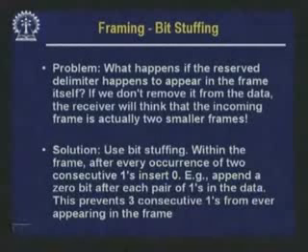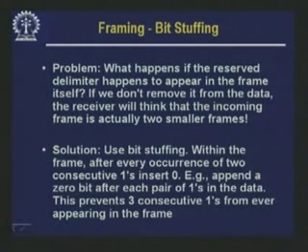So, the solution is to use bit stuffing. Within the frame, after every occurrence of 2 consecutive ones, insert a 0. This is another example of bit stuffing. For example, append a 0 bit after each pair of ones in the data. This prevents 3 consecutive ones from ever appearing in the frame.